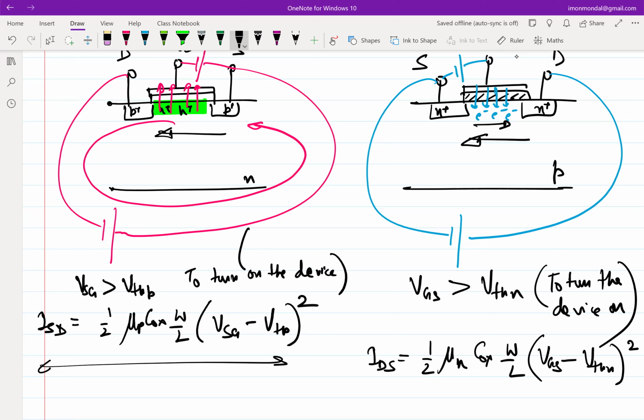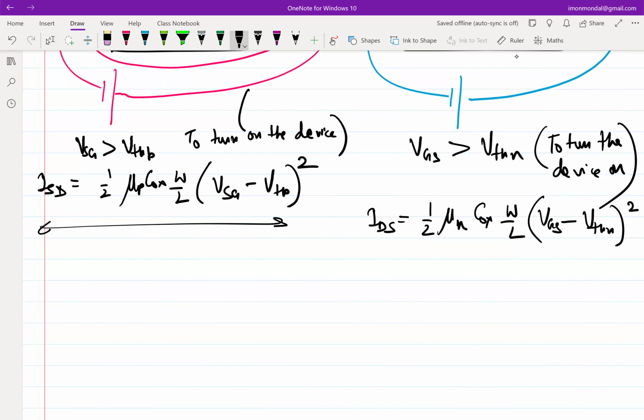Before we proceed with the linear region condition, let me also introduce the symbol for the NMOSFET. For a PMOSFET, the symbol was this. The arrow is always connected to the source terminal, and the direction of the arrow points to the direction of the current flow, right?